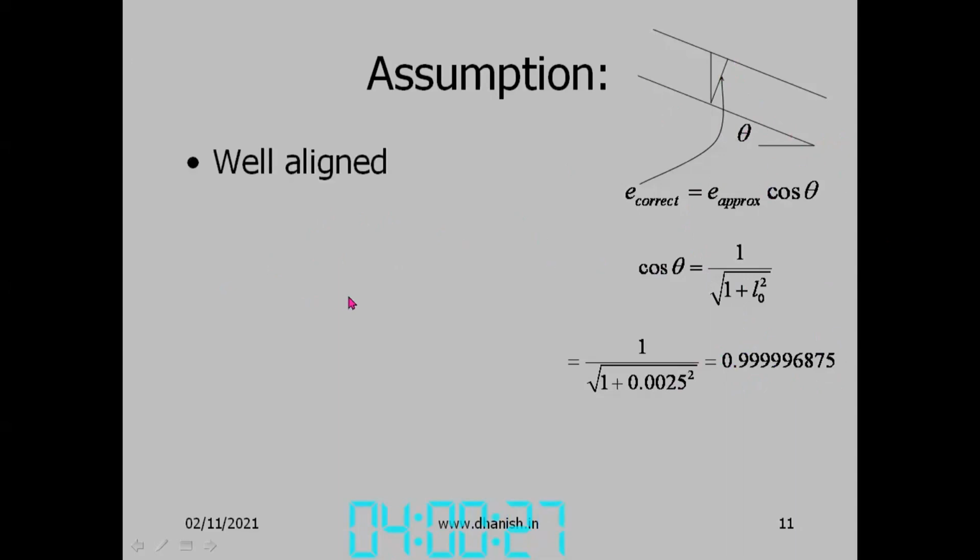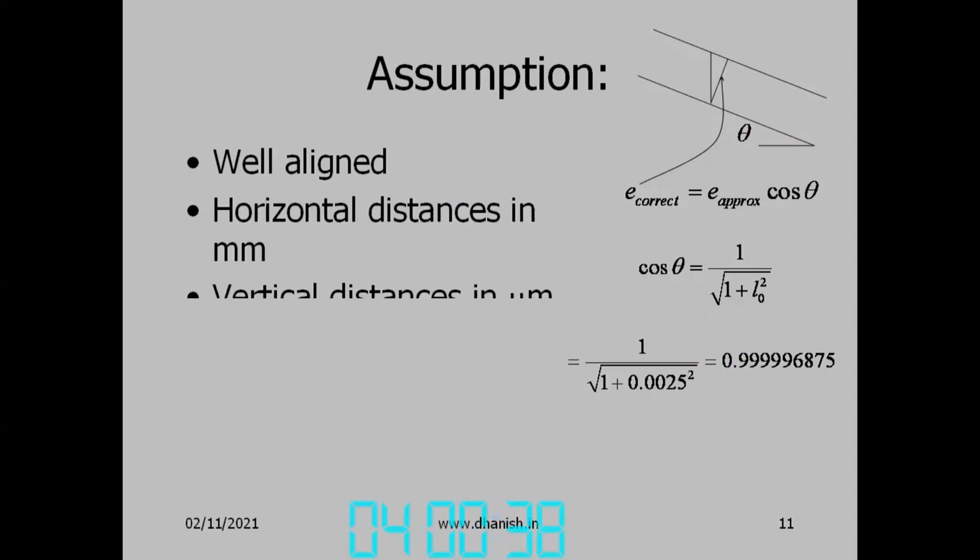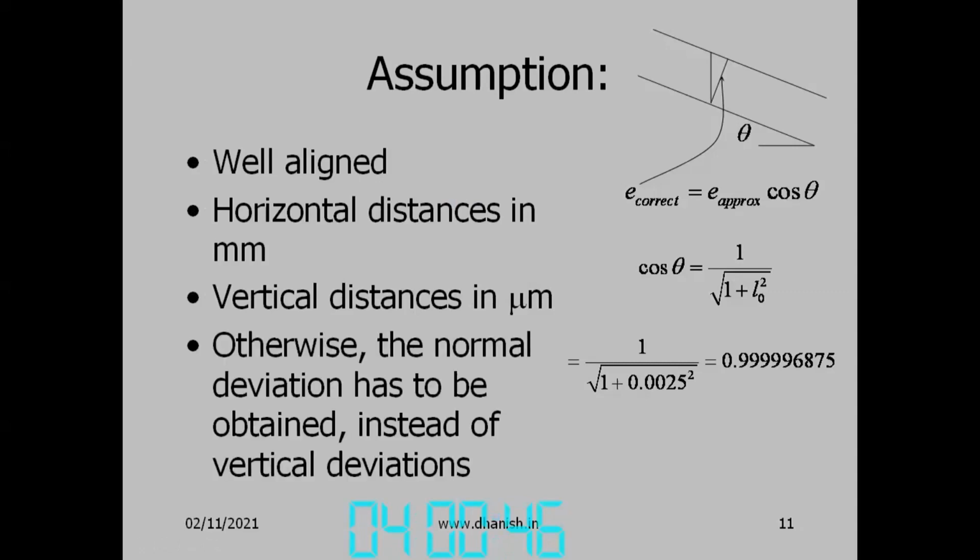So we are assuming that generally the autocollimator is almost horizontal. It is well aligned. Horizontal distances are in millimeters and vertical distances are in micrometers, so we can neglect the angle. Otherwise, the normal deviation has to be obtained instead of the vertical deviation.